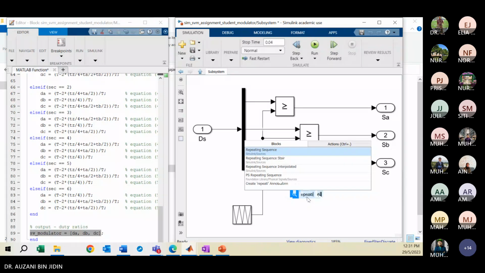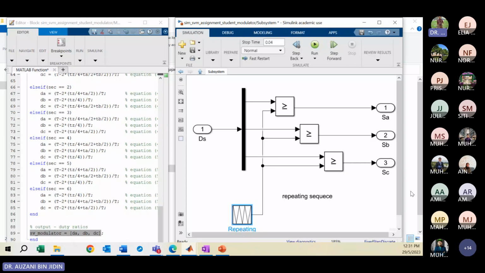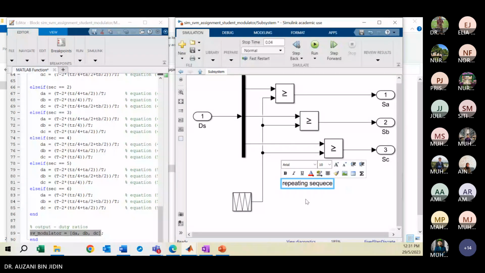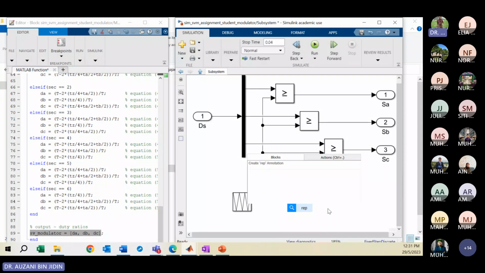How to spell repeating sequence? Spelling is okay, right? Repeating sequence. Why can't it be found? Repeating sequence. Okay, it is there.